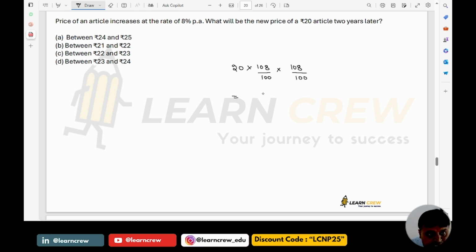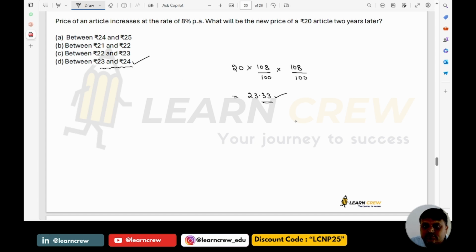If you simplify this, you will get the value very close to 23.33. So the value is in between 23 and 24. So the answer is between 23 and 24.